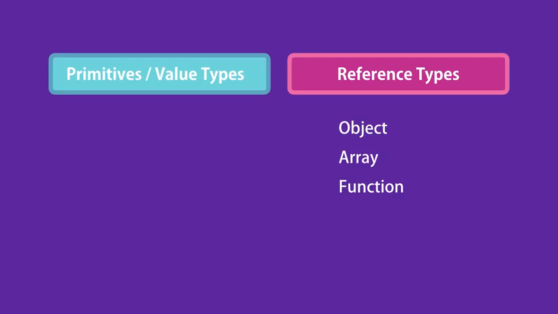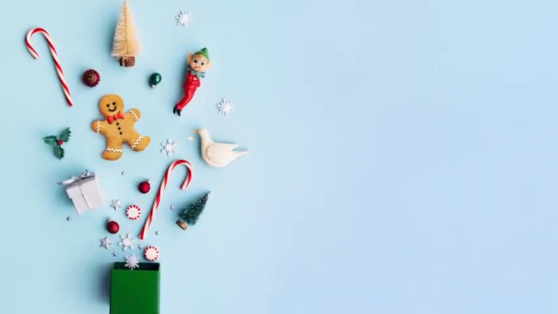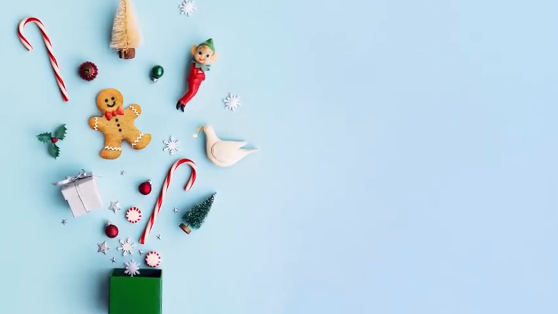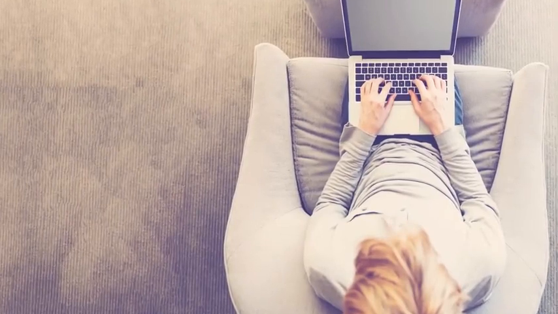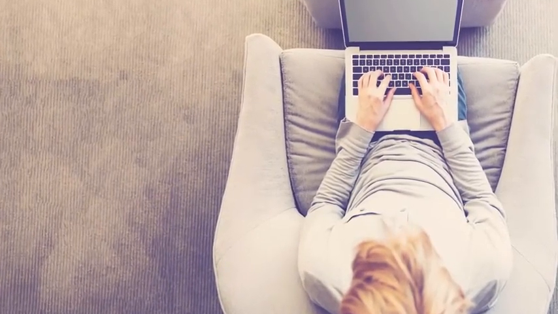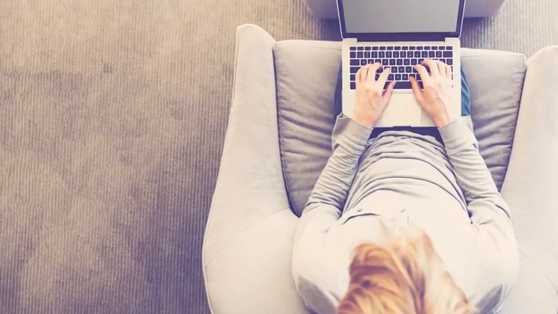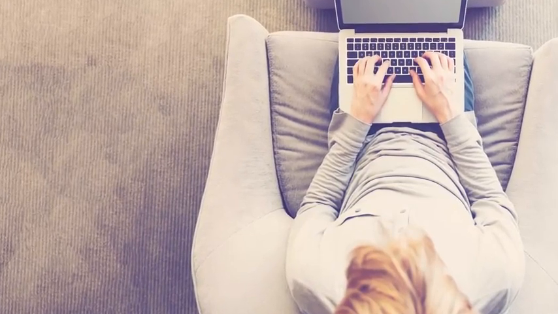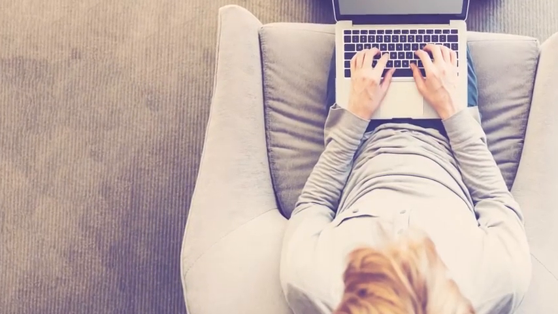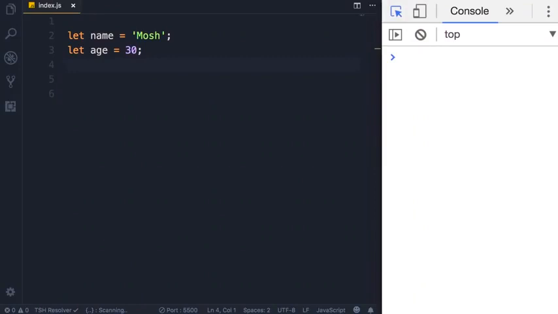So, what is an object? An object in JavaScript and other programming languages is like an object in real life. Think of a person. A person has name, age, address, and so on. These are the properties of a person. We have the same concept in JavaScript. So when we're dealing with multiple related variables, we can put these variables inside of an object.